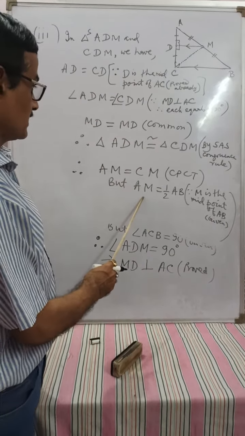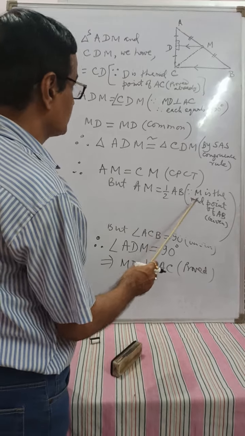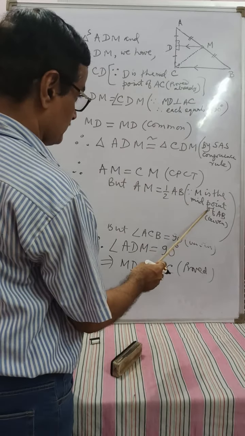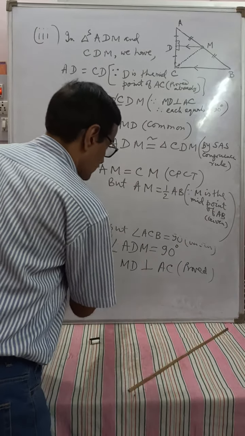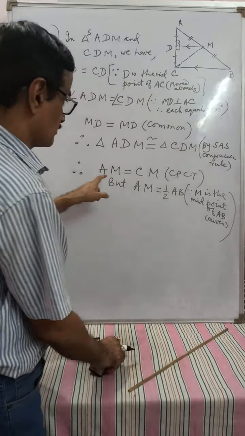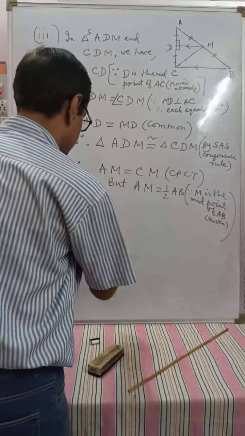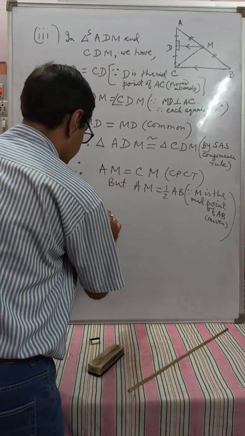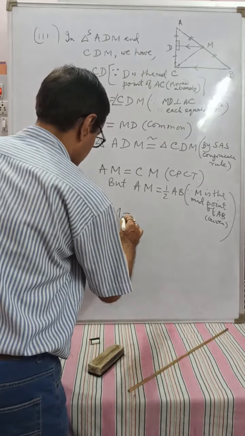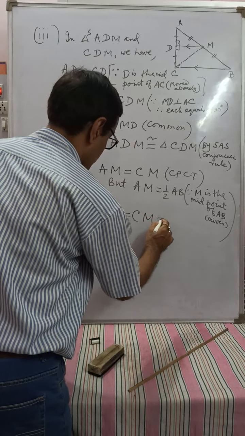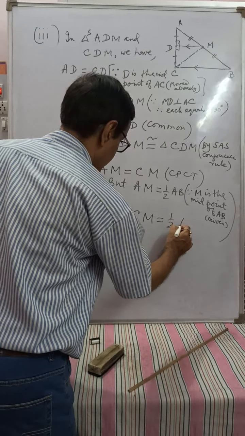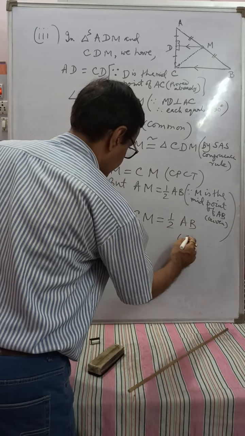So AM is equal to half of AB, because M is the midpoint of AB. So therefore from these two we can say AM, which is equal to CM, which is equal to half of AB, and that is proved.